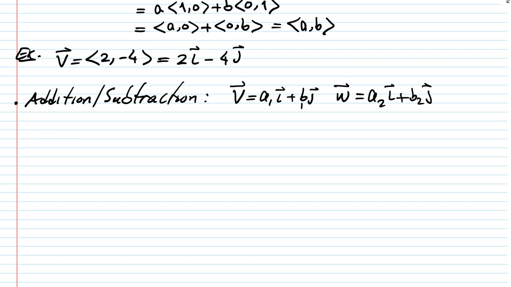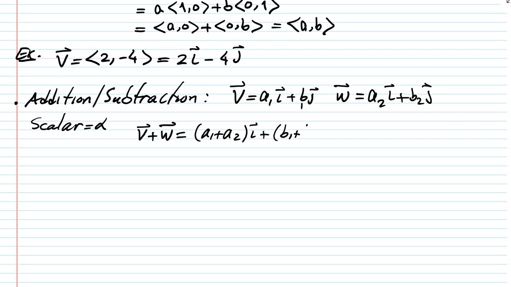So each has its own components. And I'm going to let the scalar be alpha. So when we do v plus w, you do a1 plus a2 in the i direction, and then you combine b's in the j direction. In component form, you can write it as ⟨a1 plus a2, b1 plus b2⟩.